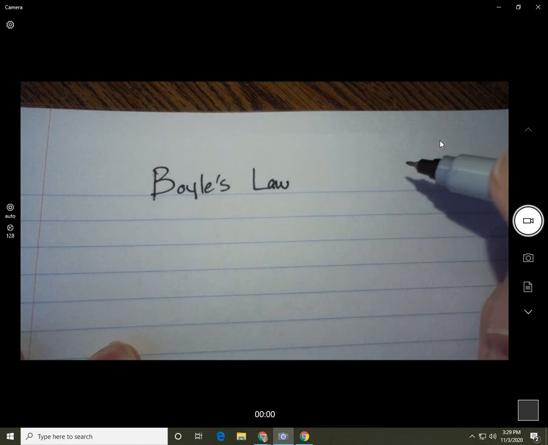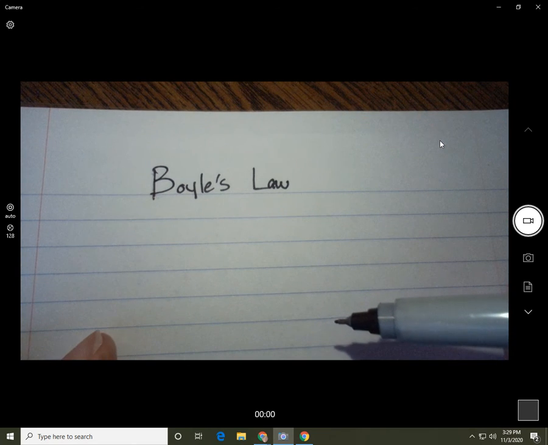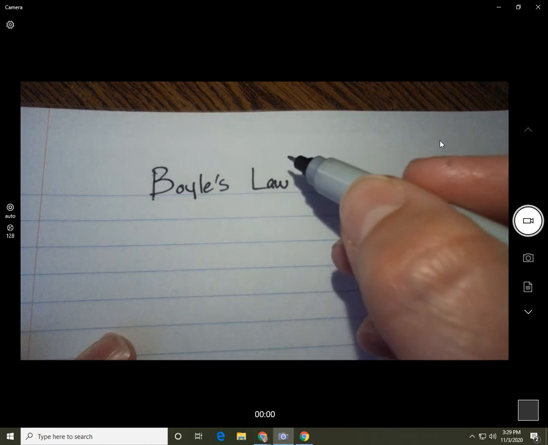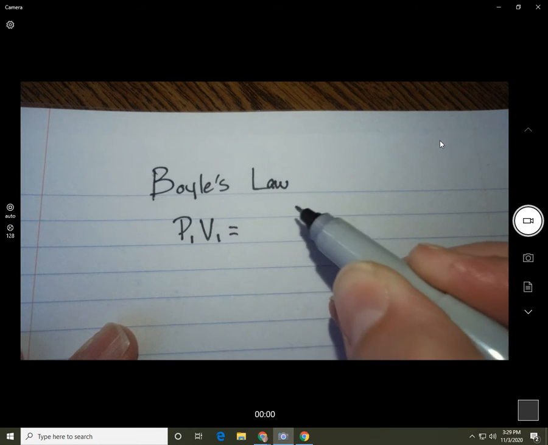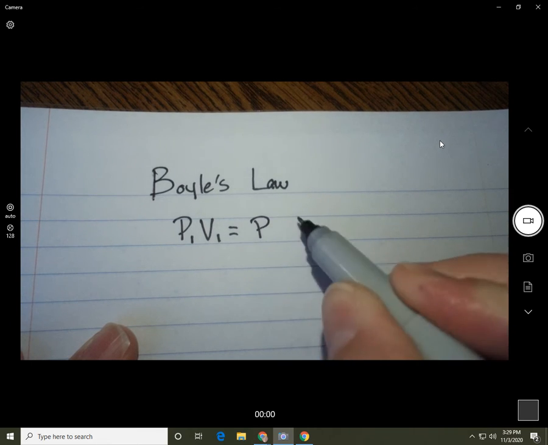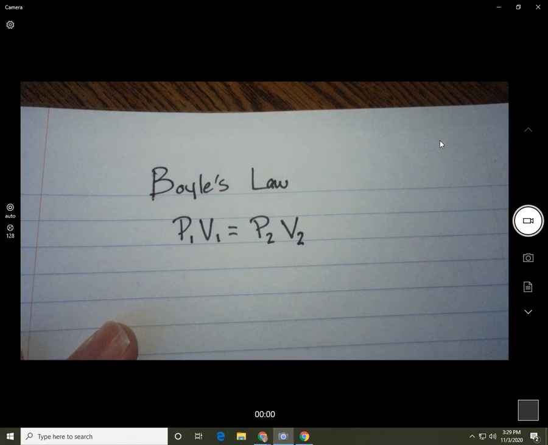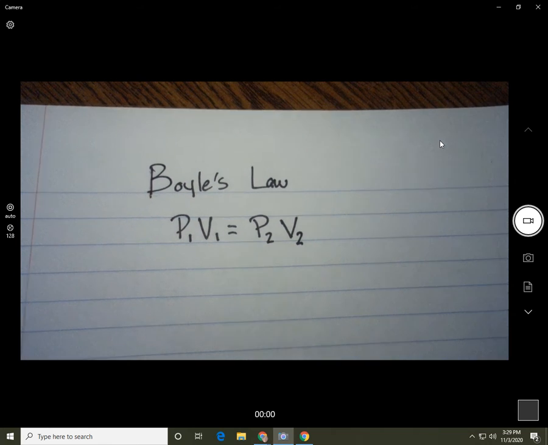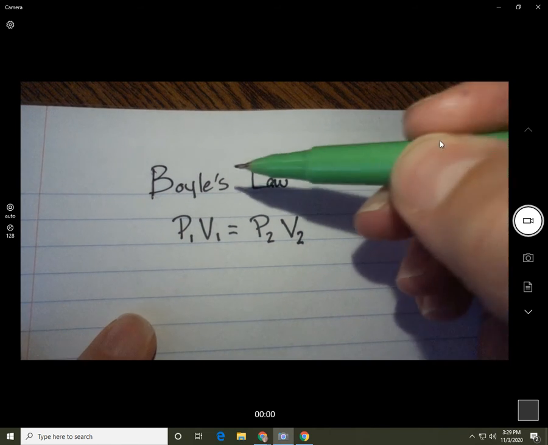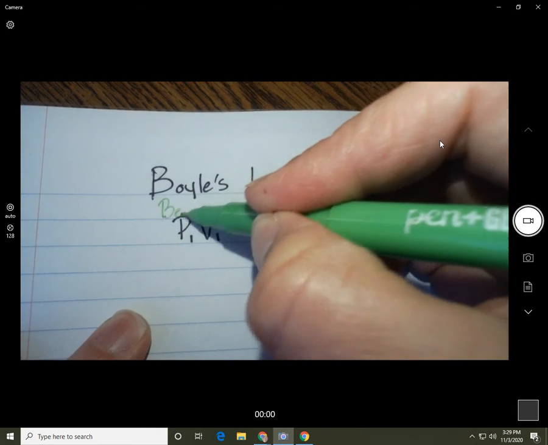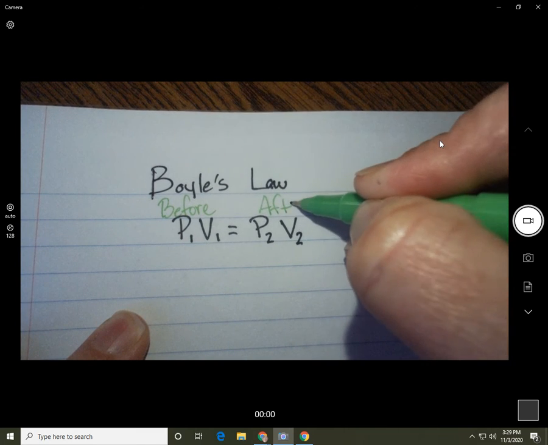The unfortunate thing about gas laws is they're just named after the person that came up with them. They don't really give you any indication of what they're using. So that's where you have to really begin to memorize that Boyle's law is pressure and volume. Okay, so when we look at P1 times V1 equals P2 times V2, we need to realize that this is before and after.